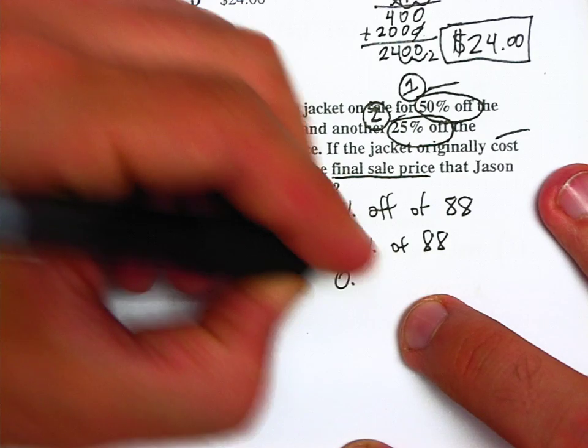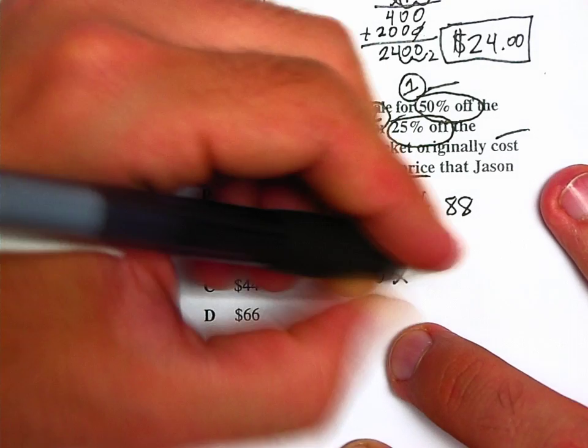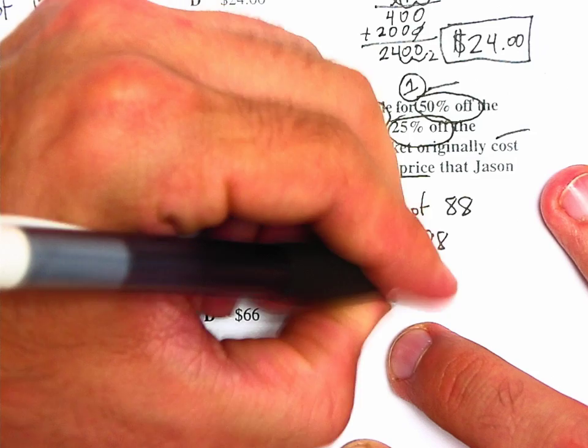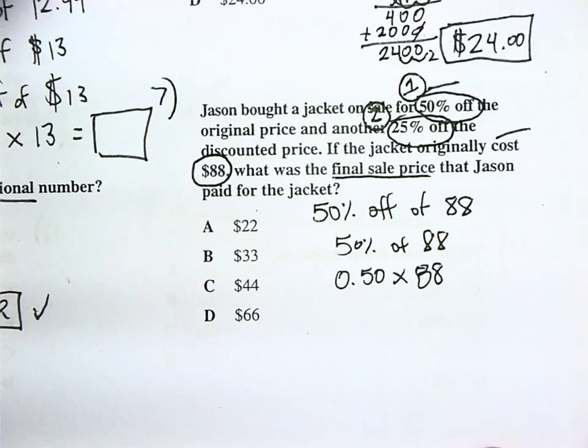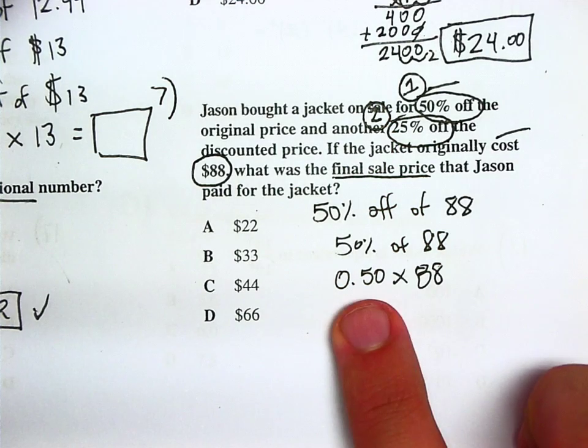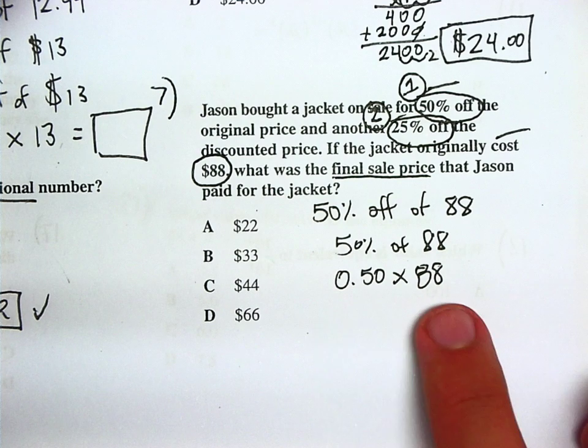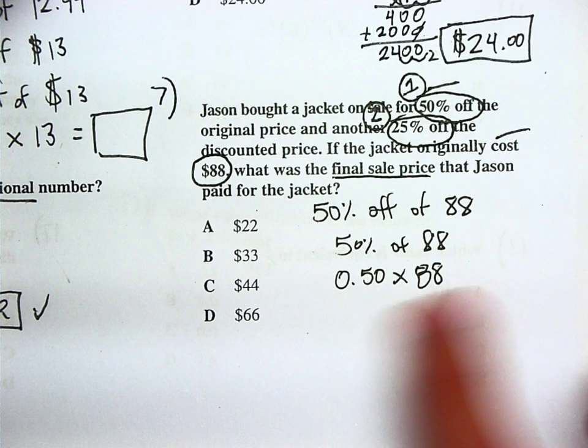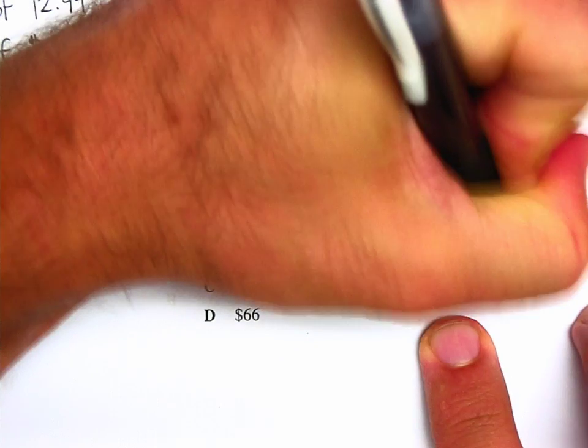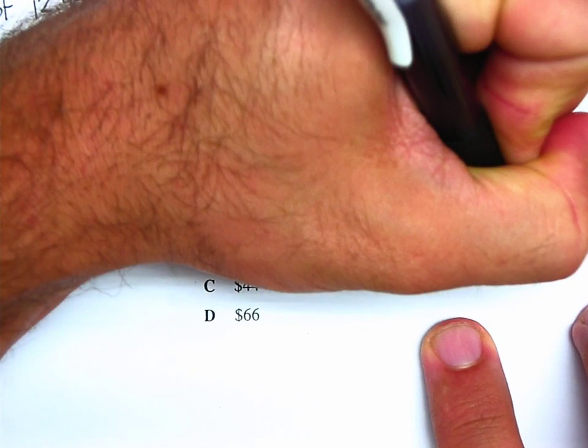To do that, I can turn the percent into a decimal, 0.50 times 88. That's actually something I can do in my head because 50 hundredths times 88 really means 1/2 of 88. I could multiply those together, or I could do that mentally. I know that half of 88 is $44.